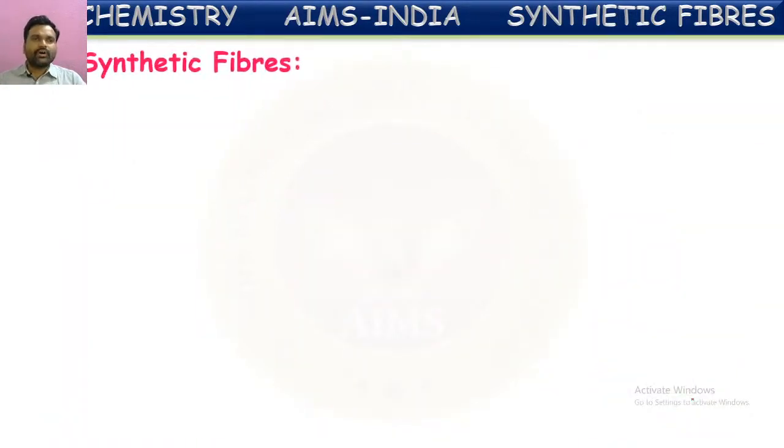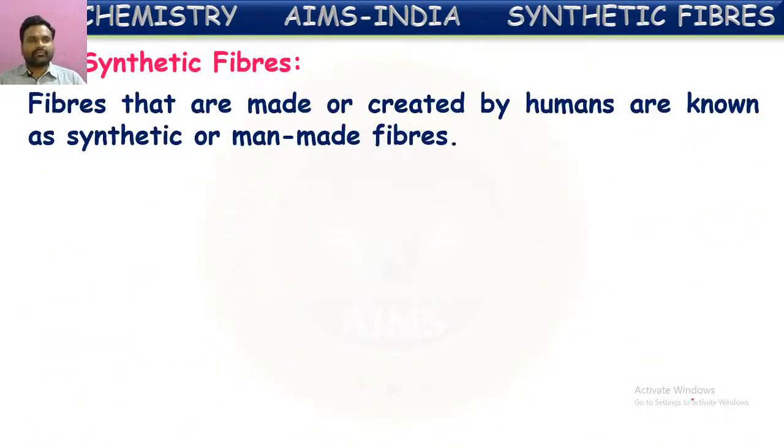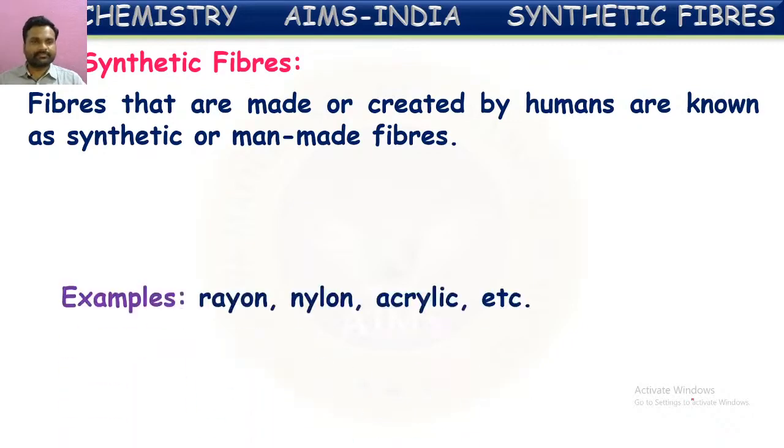Next, about artificial fibers or synthetic fibers. Fibers that are made or created by humans are known as synthetic fibers or man-made fibers. These are not naturally occurring. These are made by human beings in the laboratory by using chemicals. That is why they are called man-made fibers or synthetic fibers.